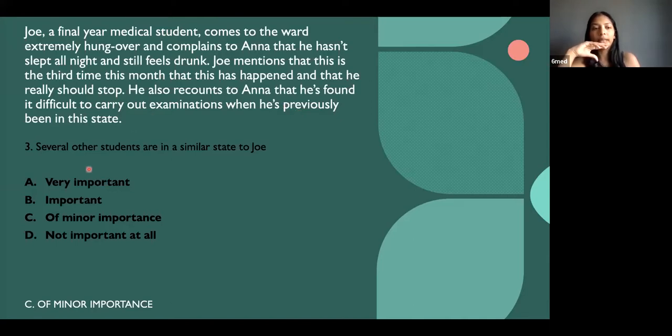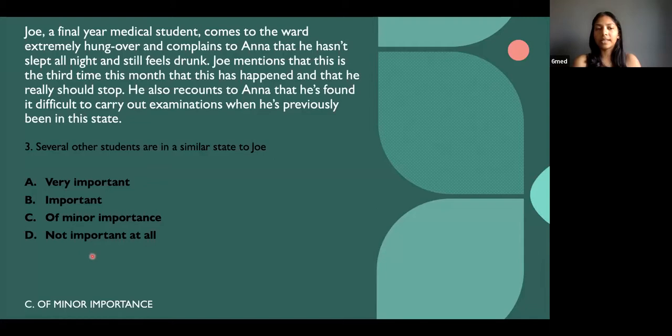At the same time, it is important to look at the other students, because if they're in a similar state to Joe, meaning they're extremely hungover and haven't slept all night, or they are also feeling drunk, they may not be concentrating properly if they're on the wards, which can then lead to compromising patient safety. So while it's slightly important to consider those other students, it's not the biggest thing for Anna to consider at the moment. So as a result, I would go with C as opposed to D.